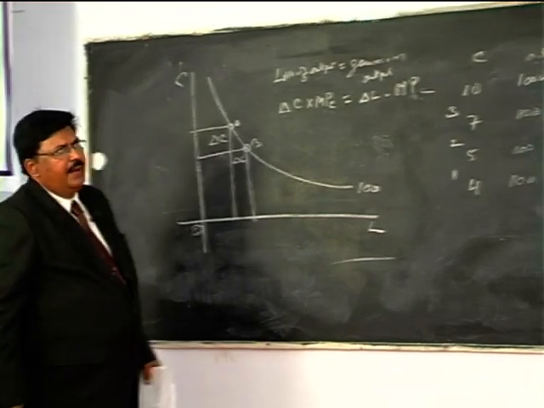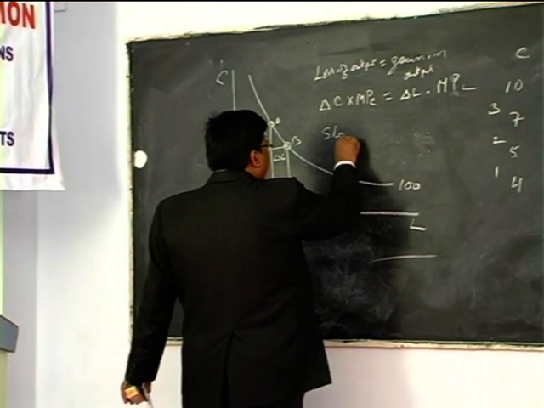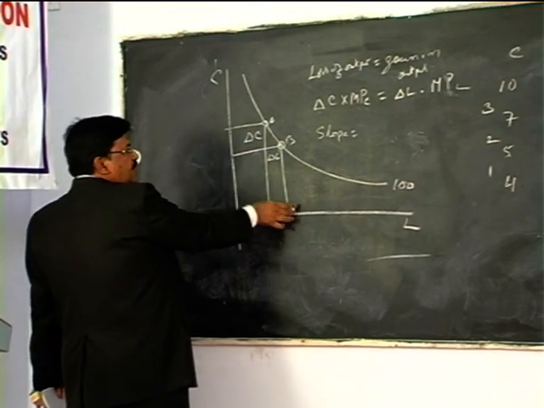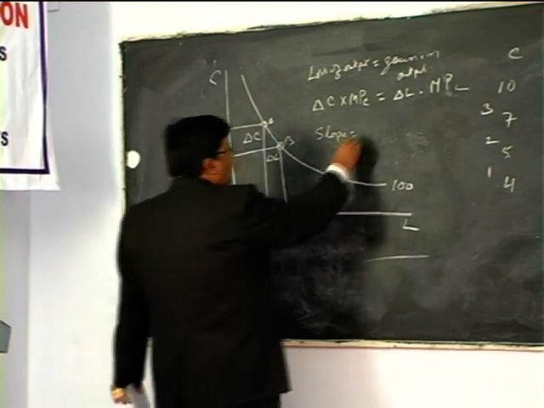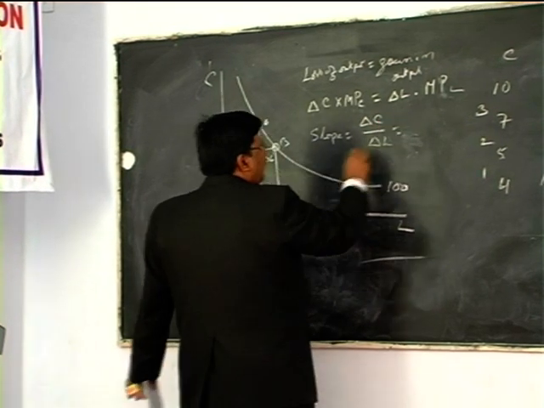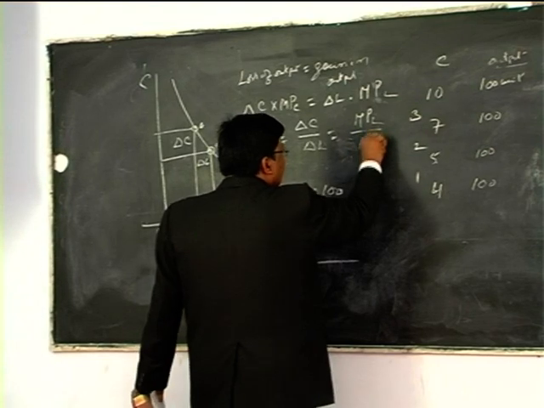If you simplify, we know that the slope is vertical by horizontal, or change in vertical by change in horizontal, that gives you the slope of a curve. So delta C by delta L is equal to MPL by MPC.